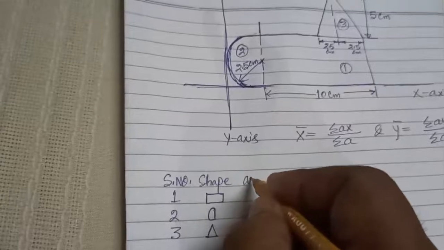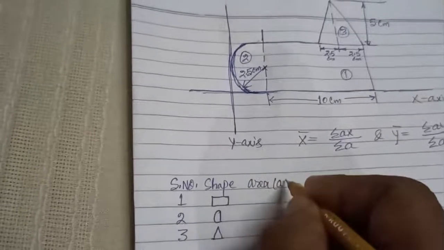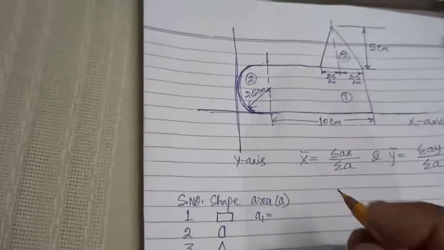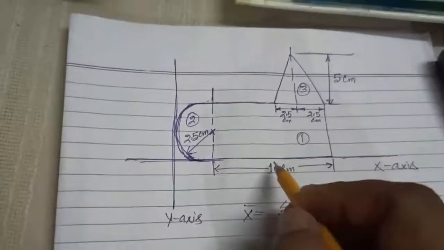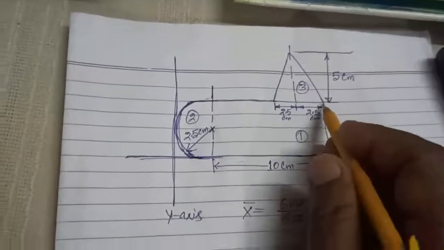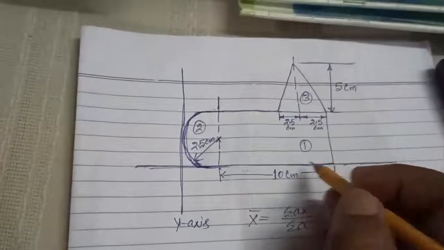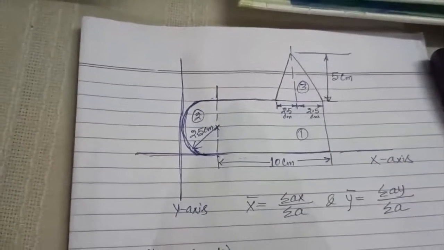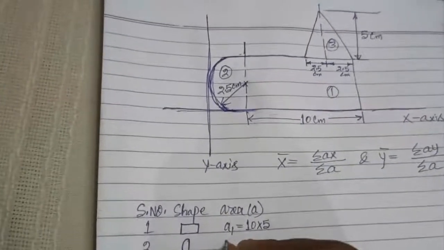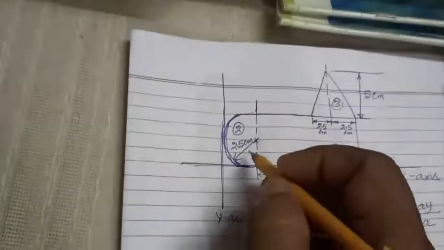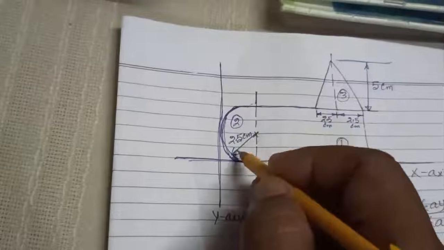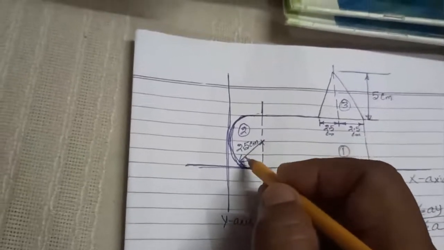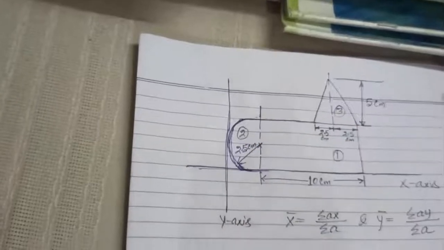Now the area A. So A1 is the area of this rectangle. So this is 10 into 5. A2 is pi r square by 2, for a semicircle.